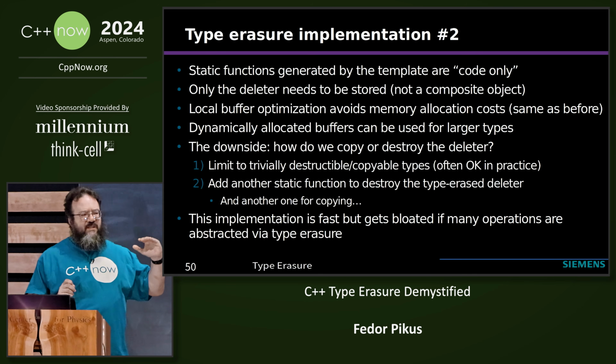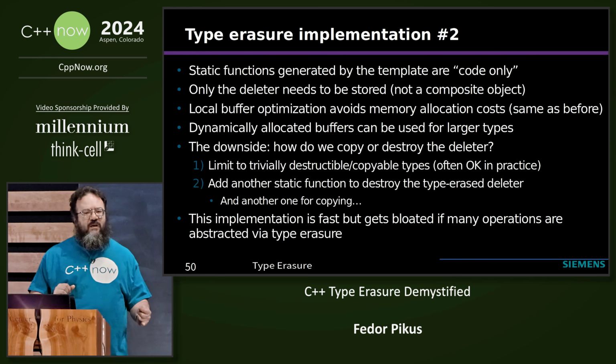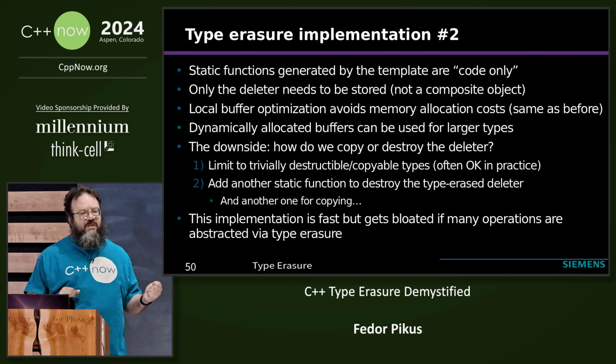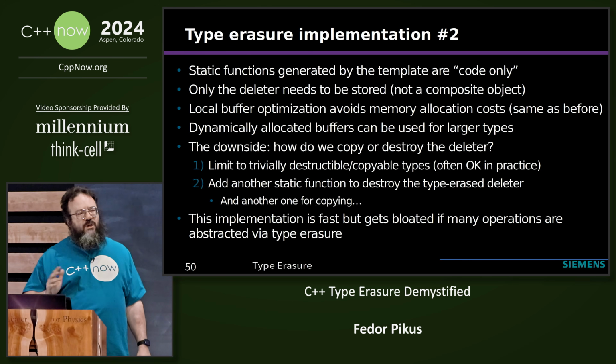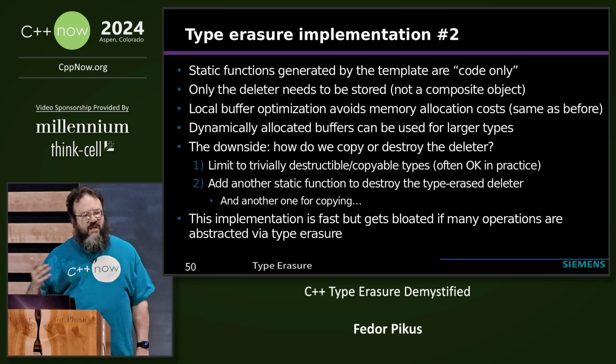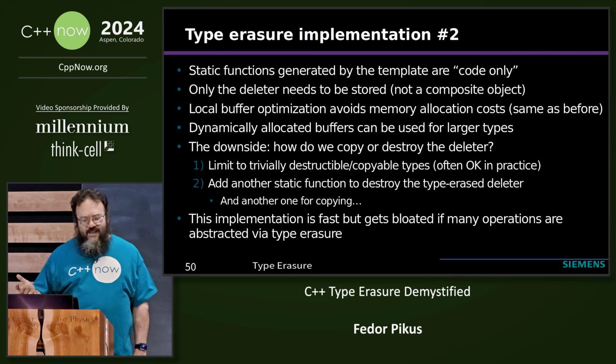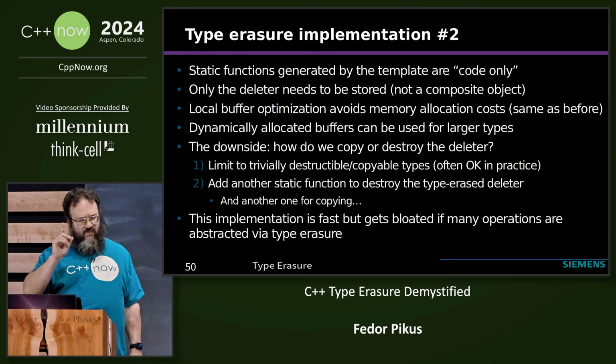For each one of these static functions which you generate from templates, you have to have a function pointer. So if you're preserving copying, destructing, moving, comparing, plus your original action that you started with, you're now up to 5 function pointers. So that's a drawback if you need to preserve many behavior elements, many functions. On the other hand, it's the fastest for one behavior element.